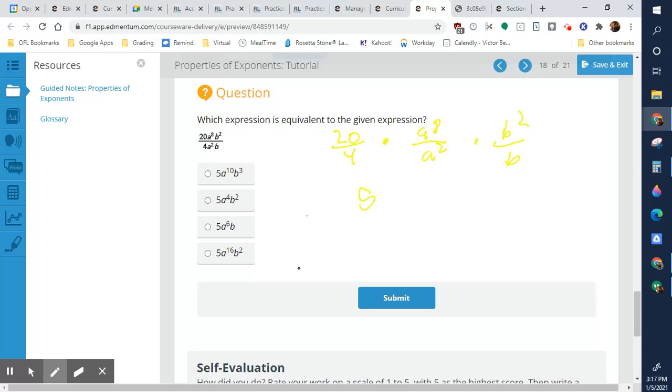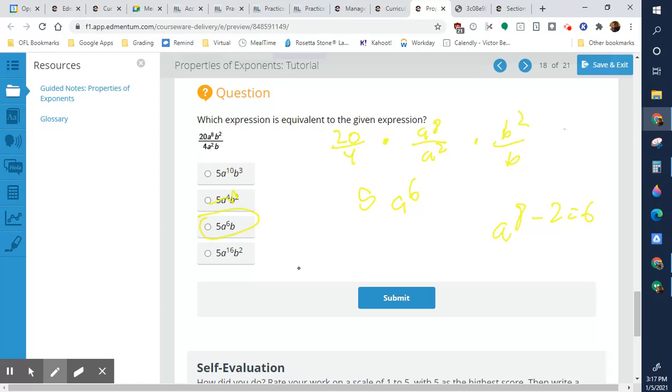All of them have a 5 in it. How many A's? So we have 8 A's and 2 A's on the bottom. So that means we're going to have 6 A's left, because it's 8 minus 2. So we're going to have 6. So right off the bat, that means that the only answer can be this.